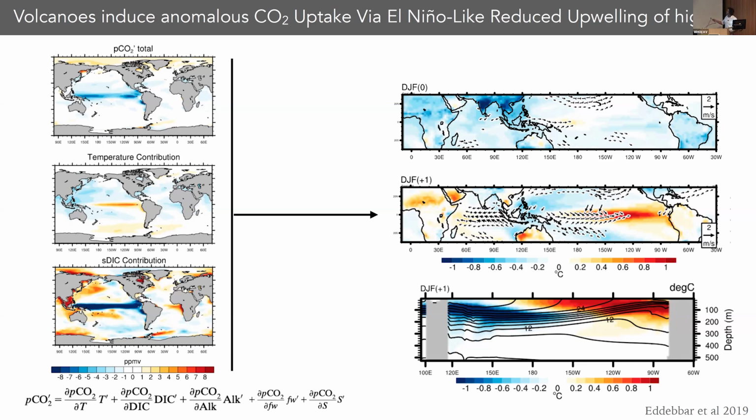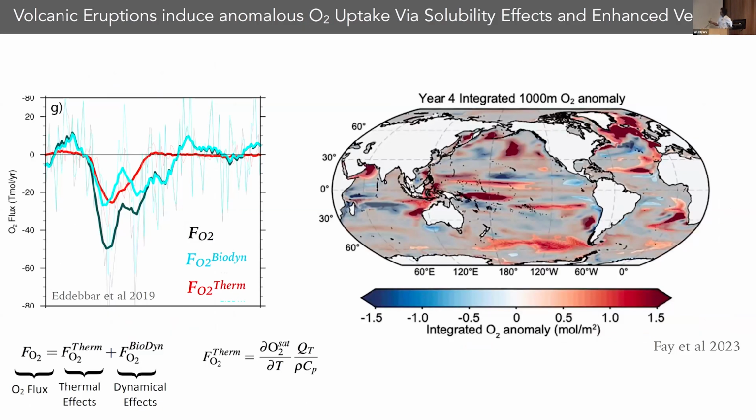That's tied to the El Nino-like response in the climate system following the eruption, whereby cooling over land is much faster than the ocean, and it drives a thermal gradient in surface air temperature, which drives westerly wind anomalies that initiate El Nino-like conditions a year after, and a substantial change in the thermocline of the equatorial Pacific. So essentially less DIC going up to the surface, driving an anomalous uptake of carbon. So a dynamical response. The dynamical response is important for oxygen, but in a different region.